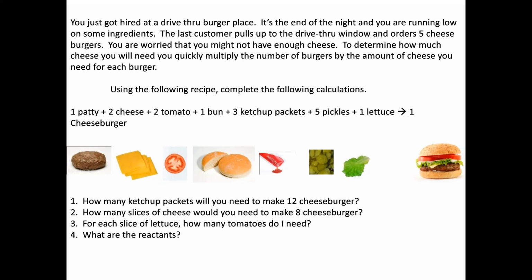But the same logic still applies. So how many ketchup packages would we need to make 12 cheeseburgers? 36. All right, you got to enunciate a little bit better though. 36. Awesome. Now somebody else, how many slices of cheese would you need to make 8? 16. Yeah.